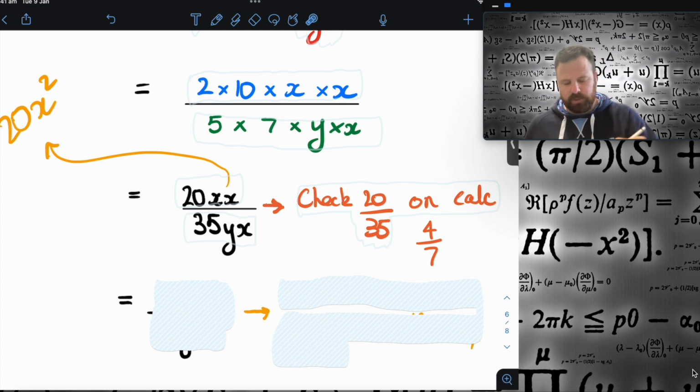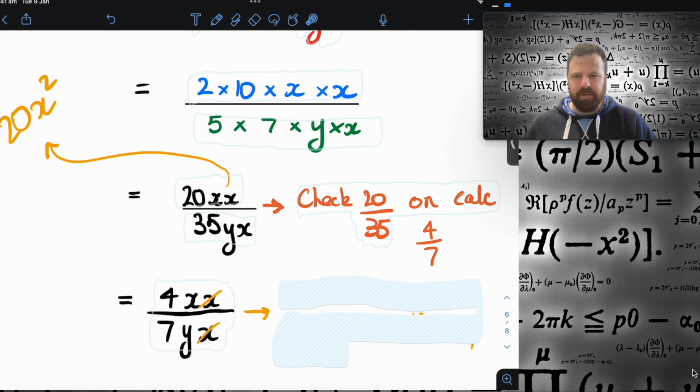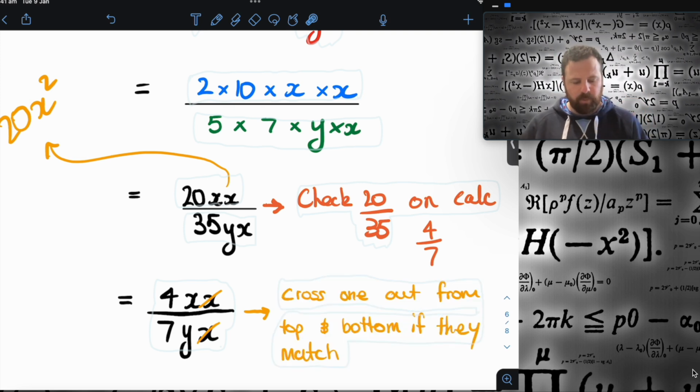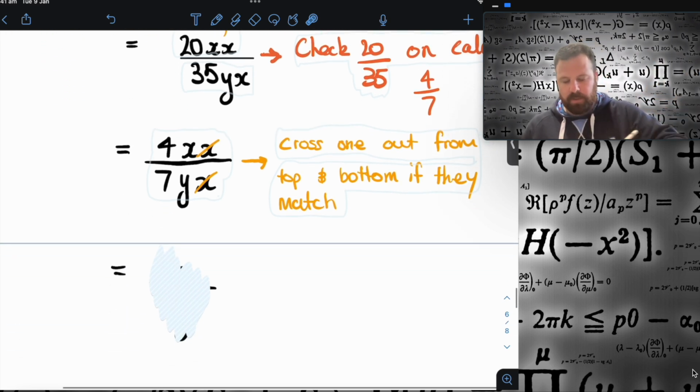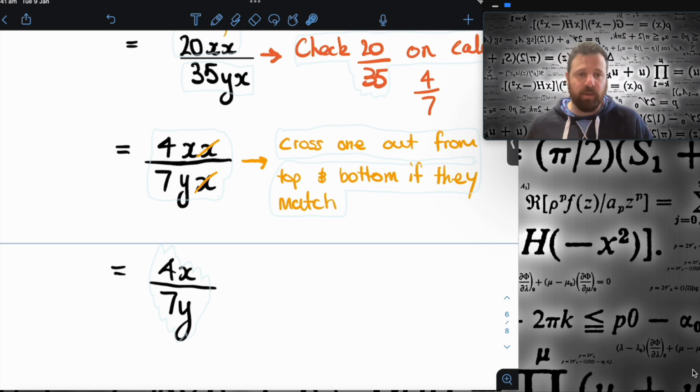Cool. So 4xx over 7yx. Now you noticed I've crossed one x out from the top and one x out from the bottom. Remember, we did that because if there is one in the top and one in the bottom, they match, we divide them out. They simplify out. And then we write our final answer. We've simplified everything. We are now left with 4x over 7y.